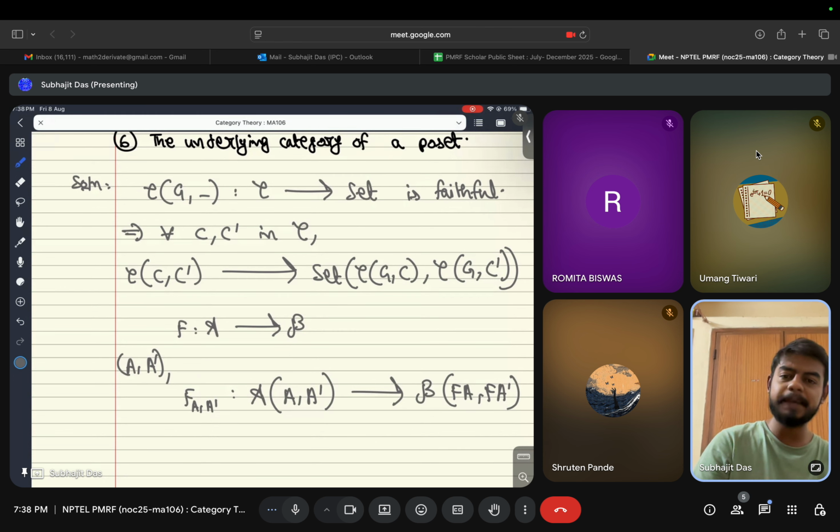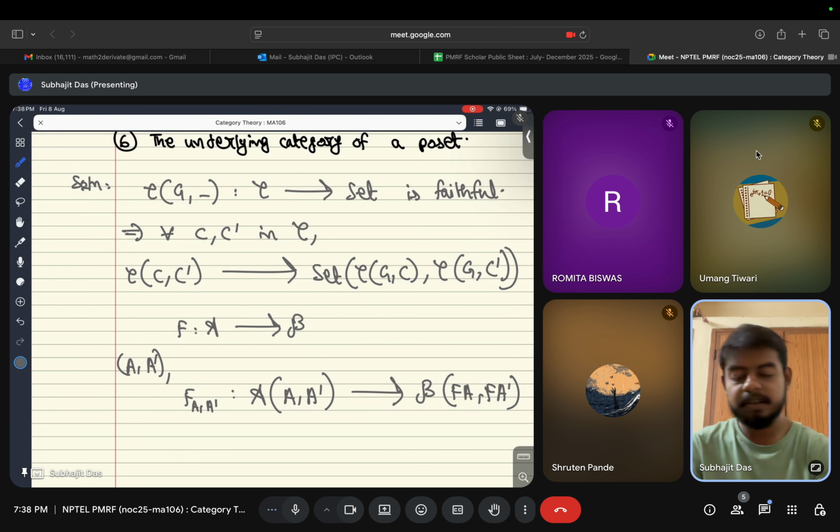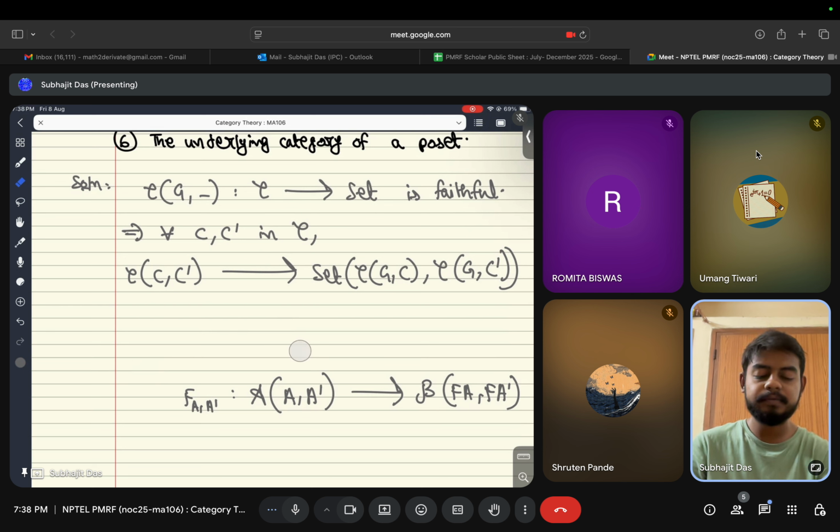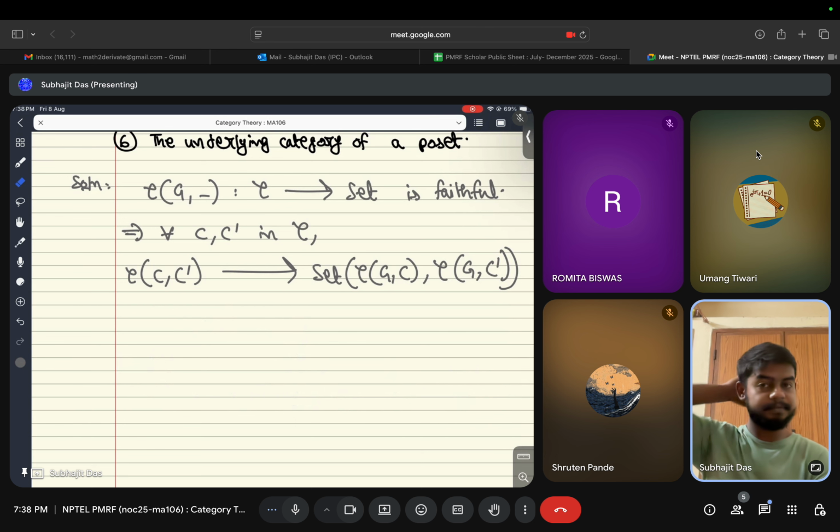So for every ordered pair you have a map. The functor is said to be faithful if this map is injective. Now the functor co-represented by G, C(G, -), is also a functor, so in particular it has a map like this for the ordered pair C, C' of objects in C.